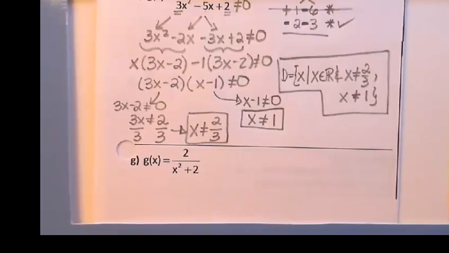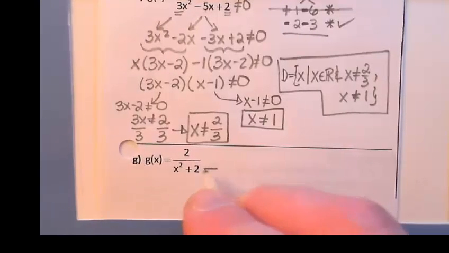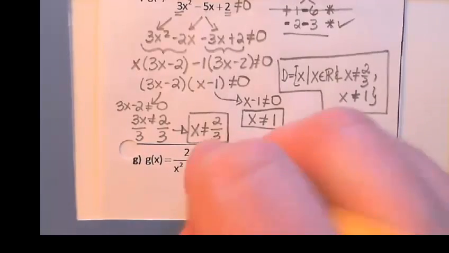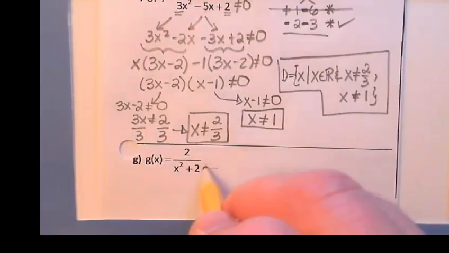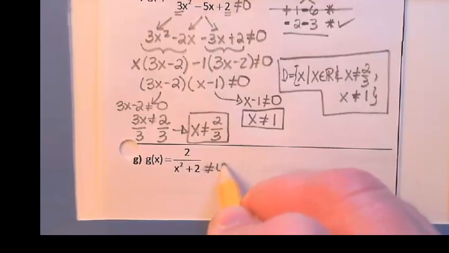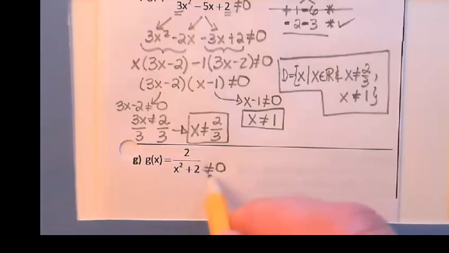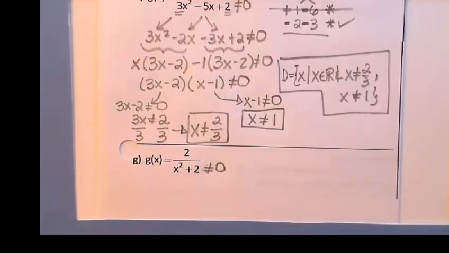Okay, this one, we can take this guy right here, and we want to set it to different than 0. And we ask ourselves, can I factor anything from both of them?